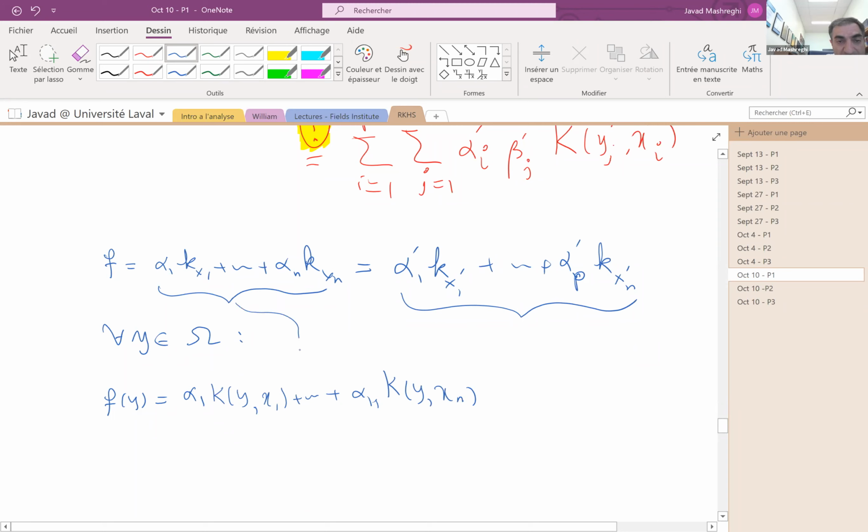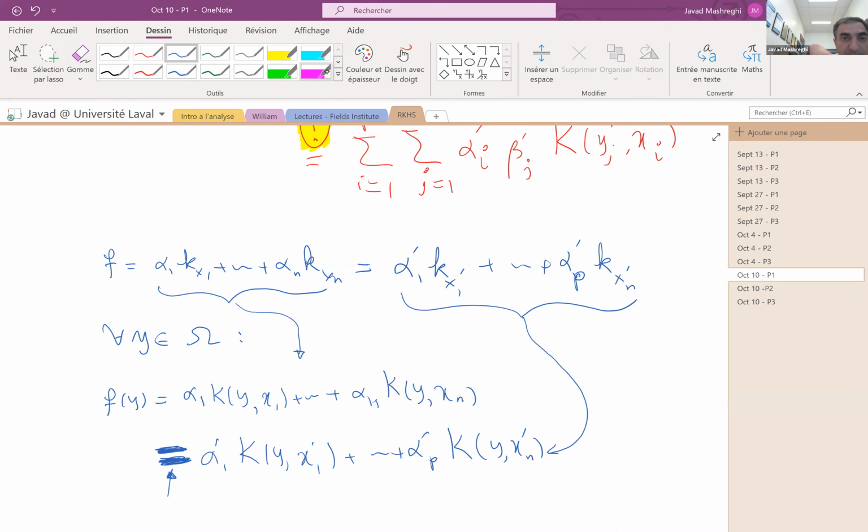This is the evaluation of this function at point y and the evaluation of the other at point y. This is an important identity. Very important identity. Alpha 1 prime k y x1 prime up to alpha p prime capital K y xp prime. That's the key to success, this identity.